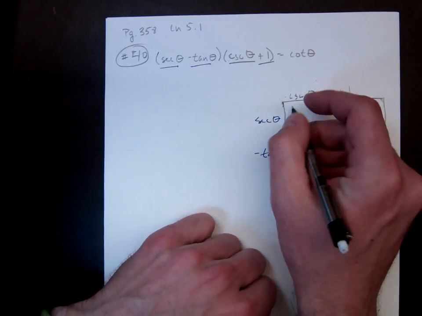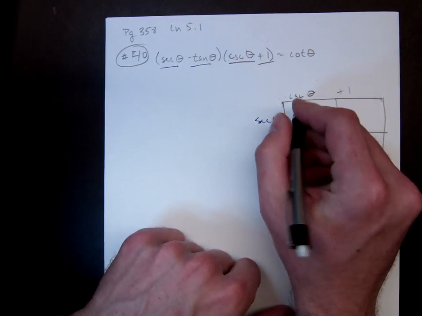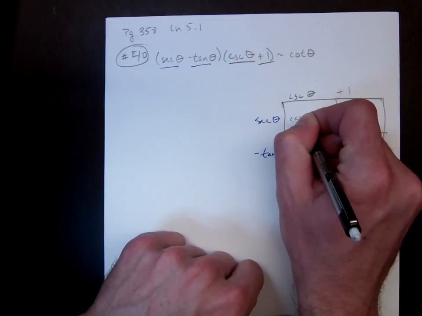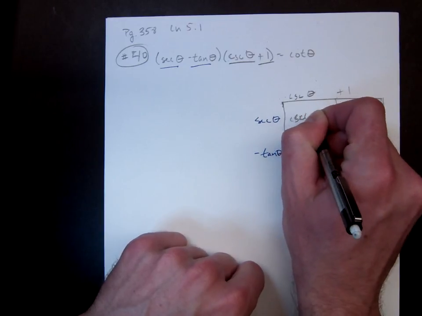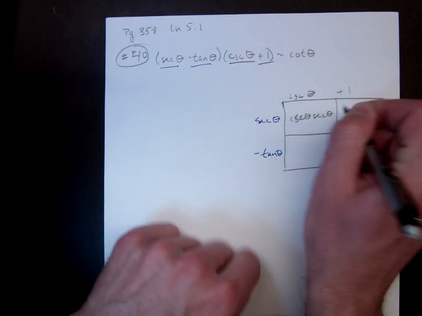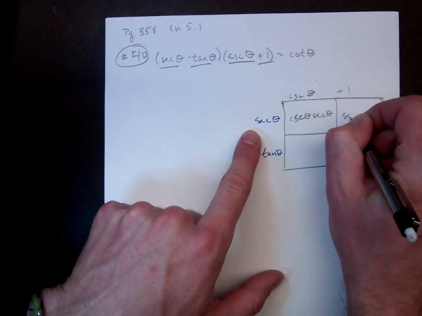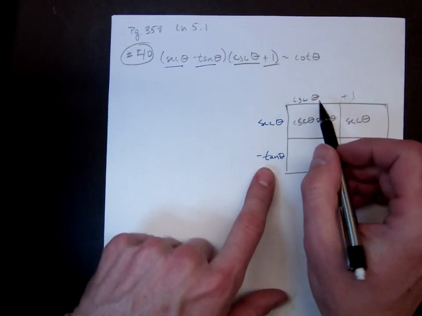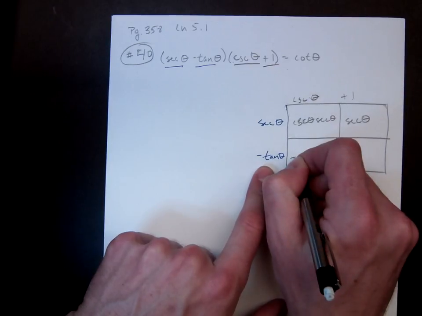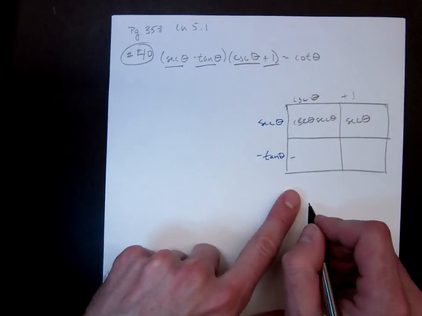Okay, so I multiply these two together, and I get cosecant times secant. Multiply these two together, and I get secant. Multiply these two together, and I get negative. Now this one here, I'm going to do a little side work.